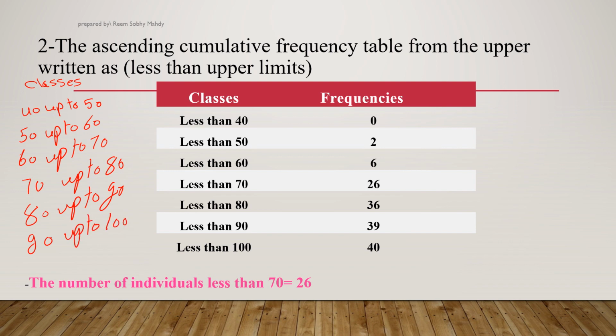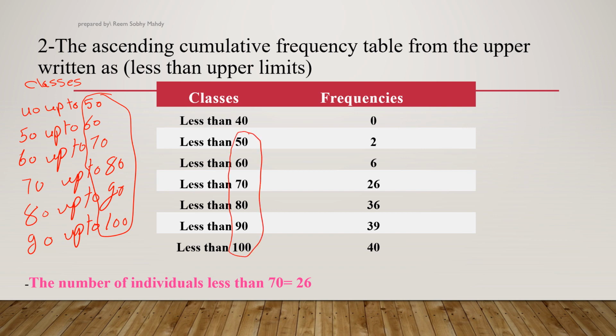In order to make the ascending cumulative frequency table, we only take the upper limits of the classes. So we write less than and take the upper limit of the classes.